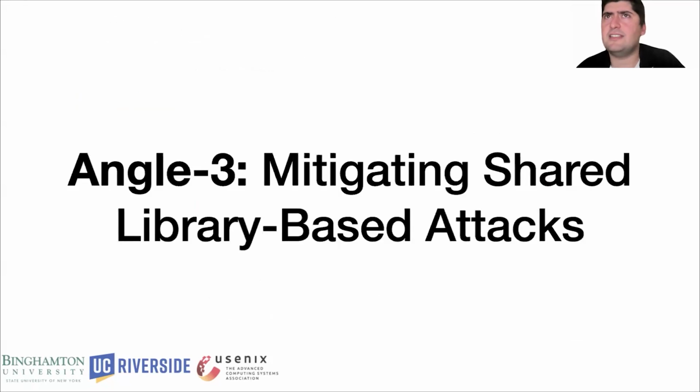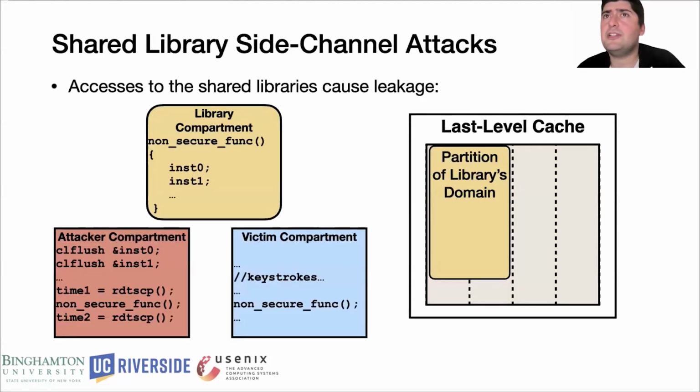As a third angle to SCC, we introduce mechanisms to stop library-based side channel attacks that bypass simple domain isolation. Here, we show how library-based side channel attacks are possible even with SCC. First, the victim calls an insecure function in a shared library. This in turn fetches the function's instructions into the library's domain partition in the cache.